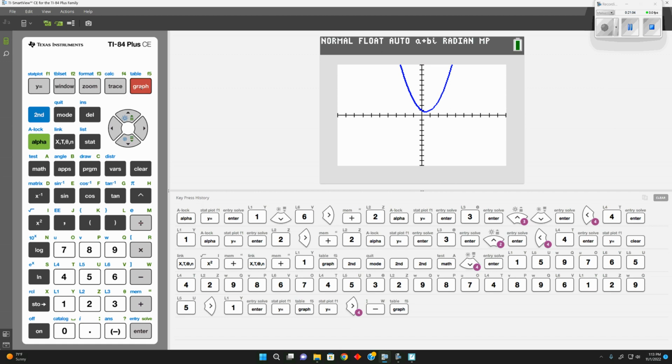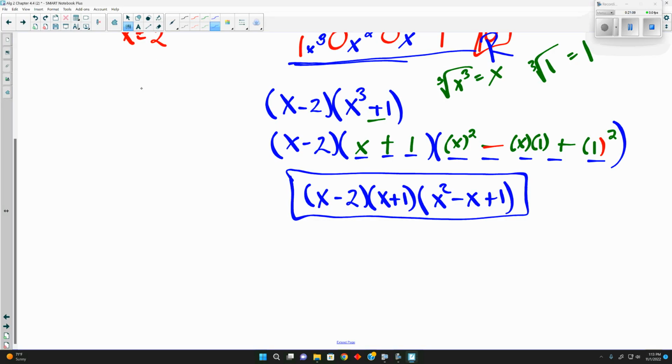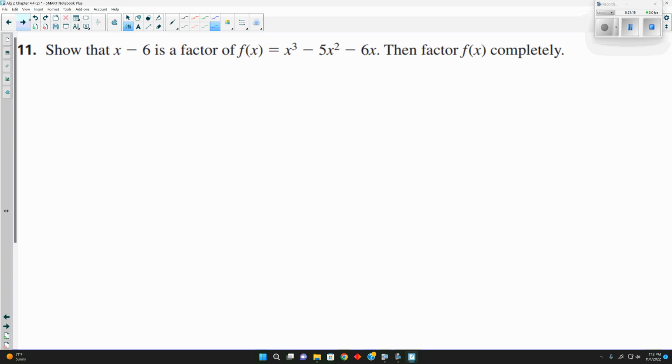Still doesn't cross the x-axis. So this is as far as it goes. Questions on this here? Let's look at one last one, and then we are done for today.